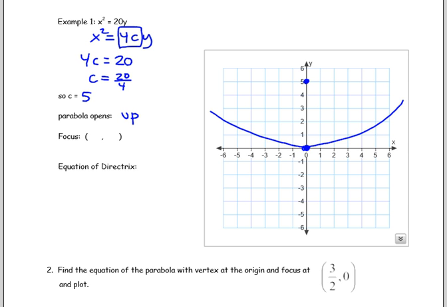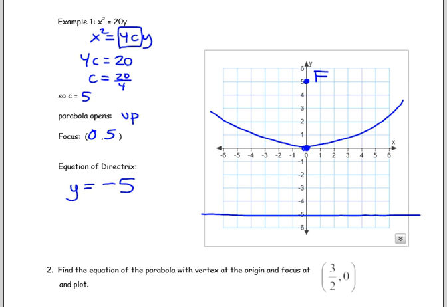You can check when x is 3 or when y is 1 and see what happens. It's going to be wide. So your focus is at (0, 5), and your directrix has to be the same distance but down. So your directrix is going to be here. Therefore, the equation would be y is equal to negative 5.